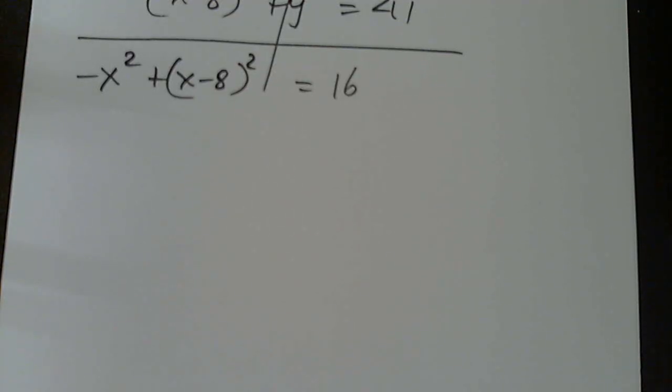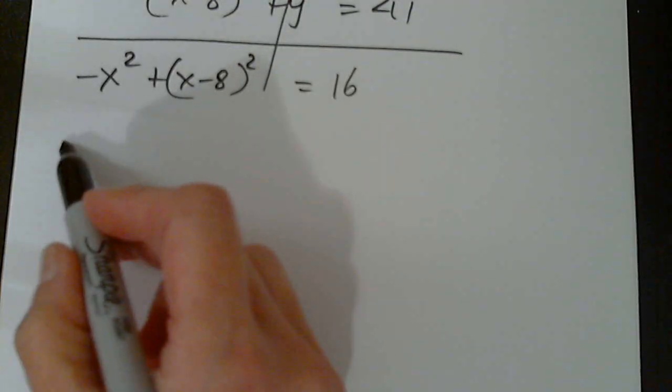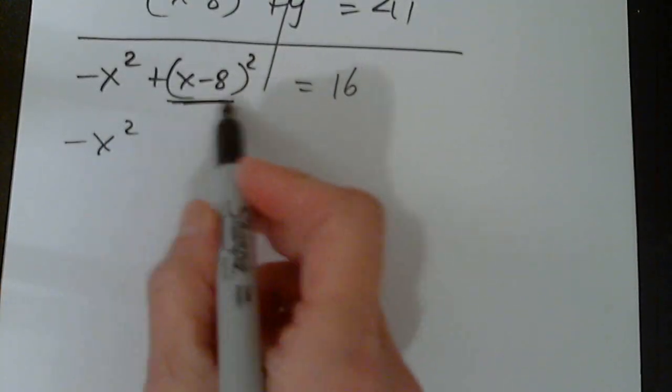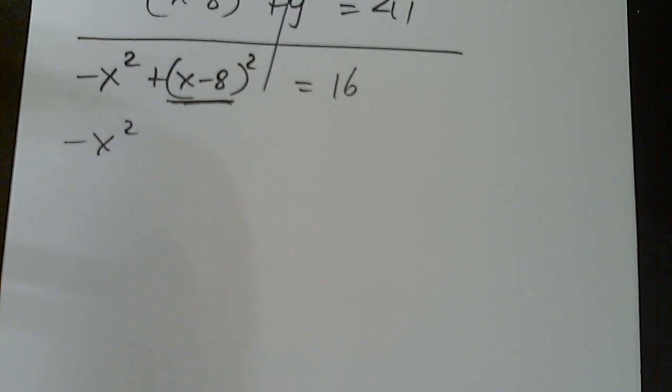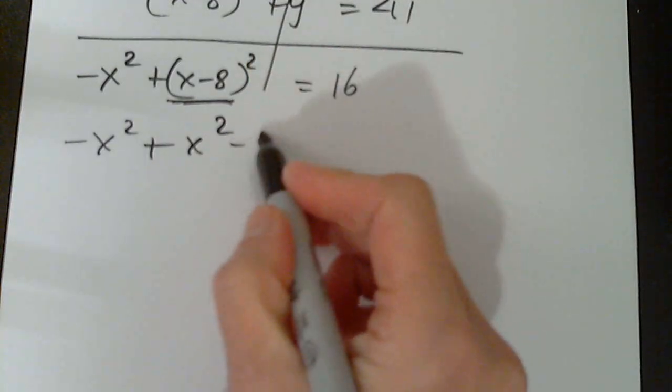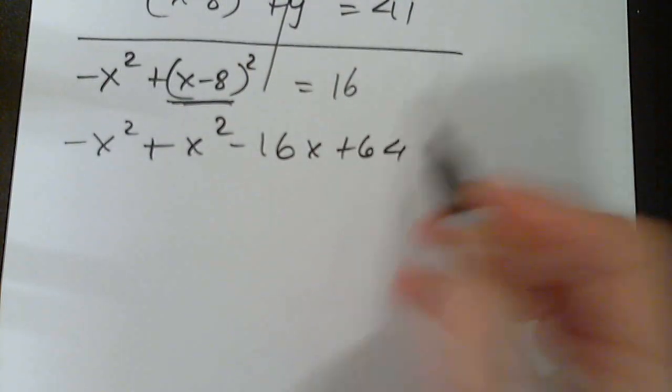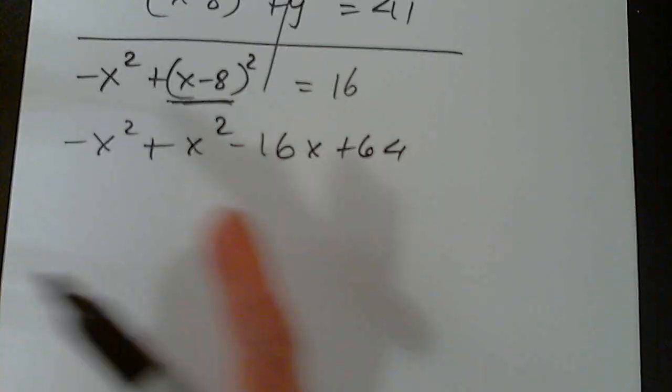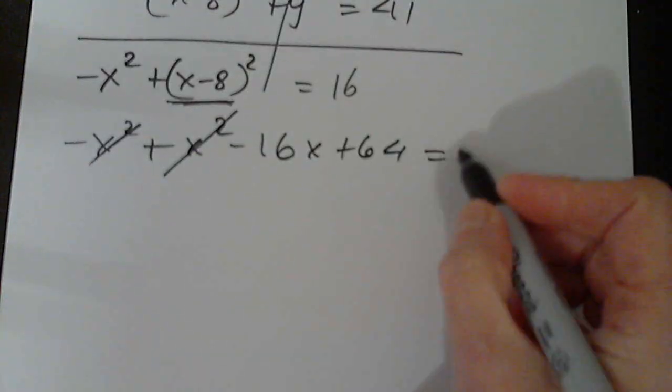What should I do next? It's quadratic. I have x squared minus 16x plus 64. And since it's quadratic, no, it's no longer quadratic.